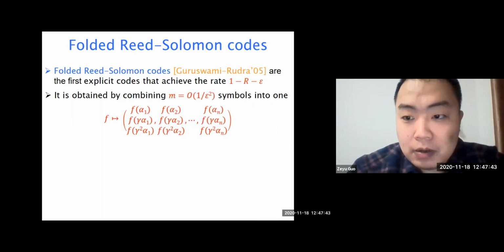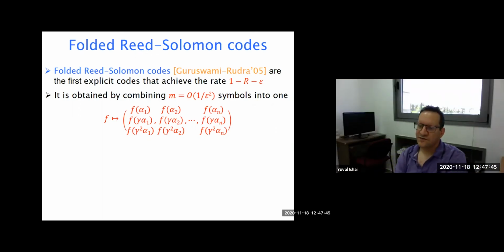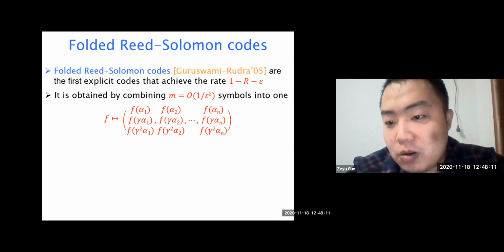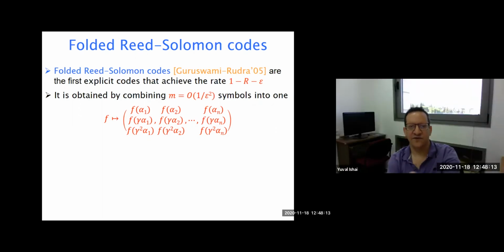If you look at interleaved Reed-Solomon codes, I guess folded is a special subcode of interleaved Reed-Solomon codes. In interleaved Reed-Solomon codes, every row can be a codeword of a Reed-Solomon code, and you consider a column to be a symbol. Is the list decoding of this interleaved Reed-Solomon case well understood? By interleaved, you just mean folded? Here in folded you're given a very specific structure.